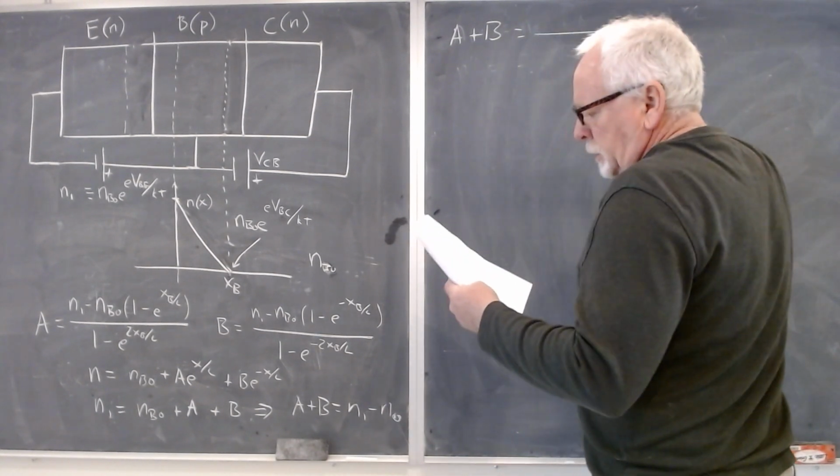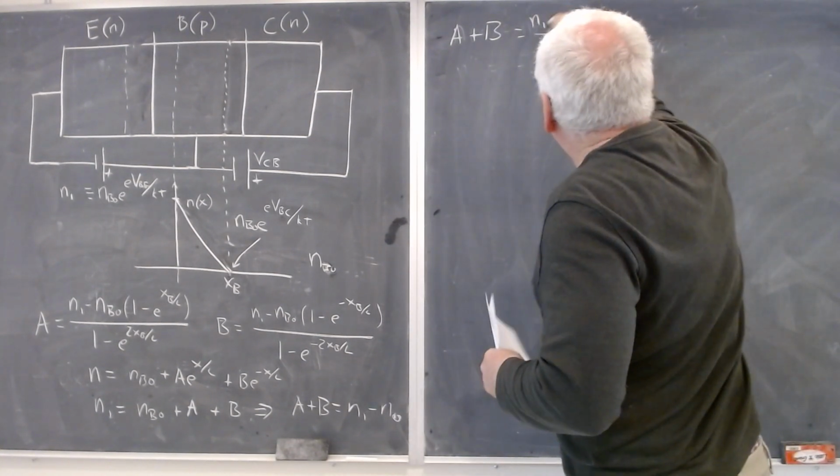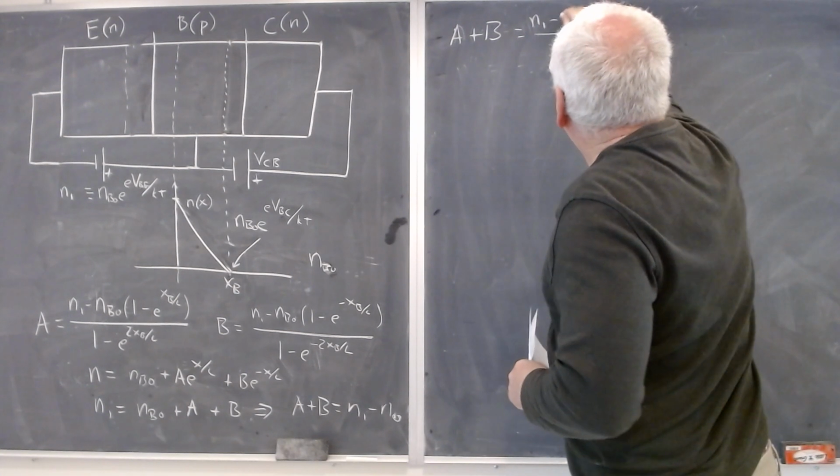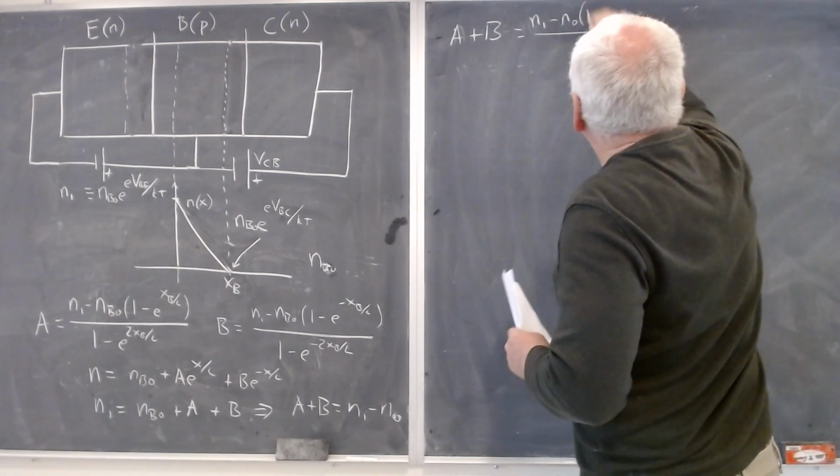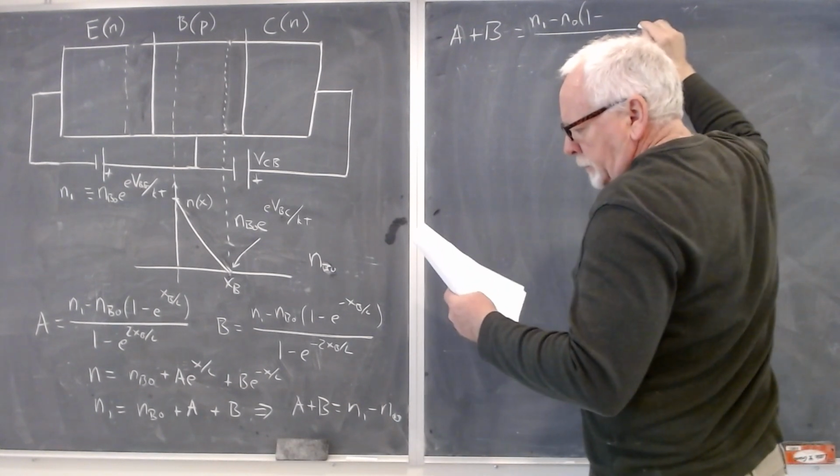Okay, so let's go ahead and do that. All right, so let's write it out. N1. I'm going to start using shorthand, just N0, lowering the amount of things I have to write.